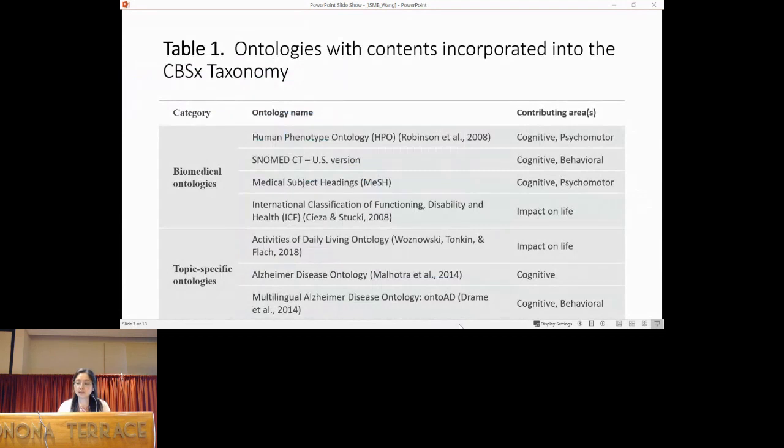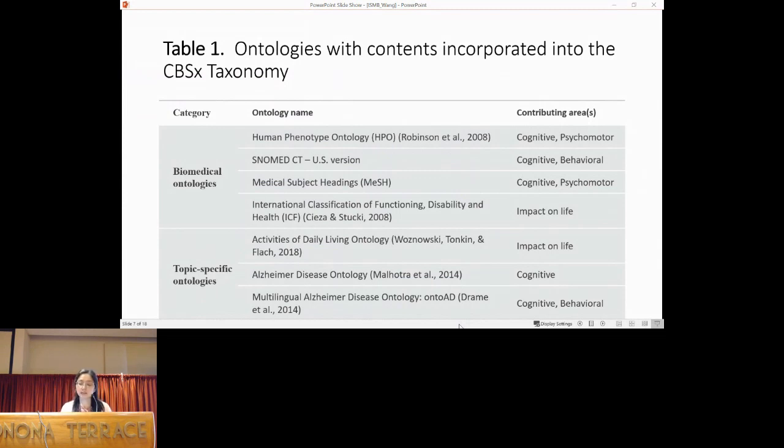This table shows the ontologies we used to incorporate into the taxonomy. For the biomedical ontologies, four main ones include the Human Phenotype Ontology, HPO, SNOMED CT US version, Medical Subject Headings, MeSH, and also the International Classification of Functioning, Disability and Health, ICF.